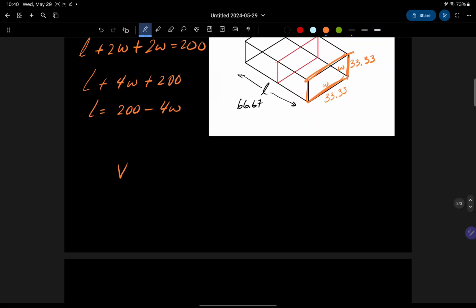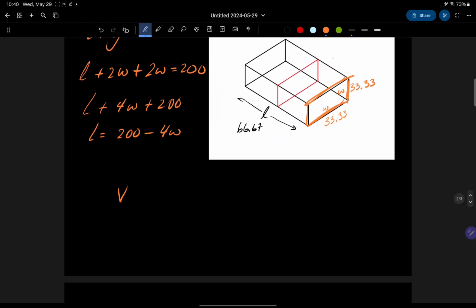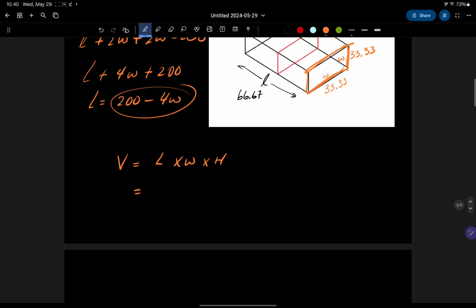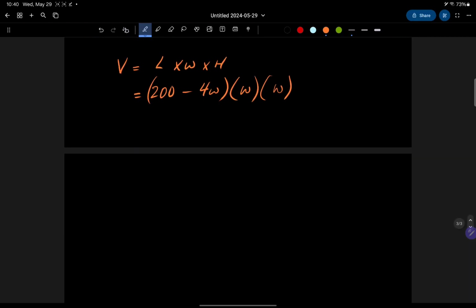Now the volume of a box, or of a complete rectangular prism, is length times width times the height, which in this case the length is 200 minus 4W, times the width, which we're going to keep in terms of W, times the height, which is now also W. This simplifies to volume equals 200 minus 4W times W squared.